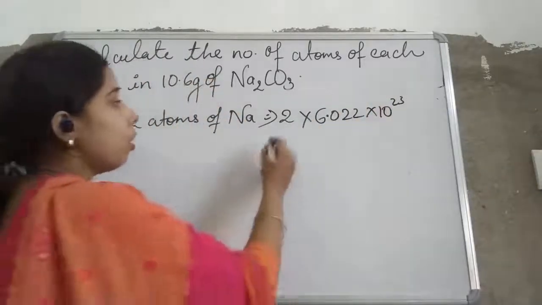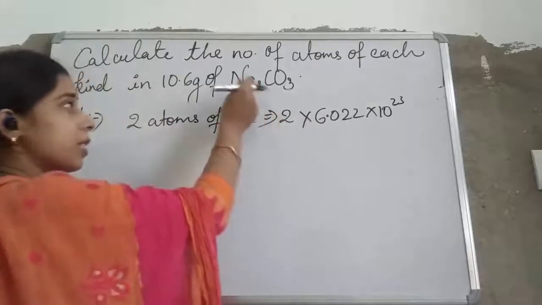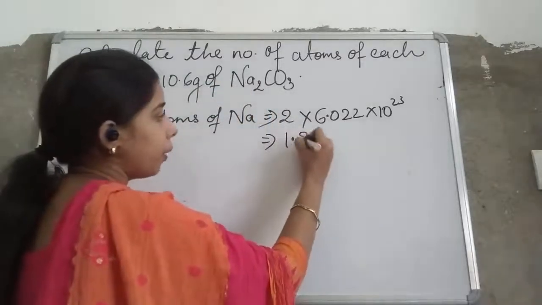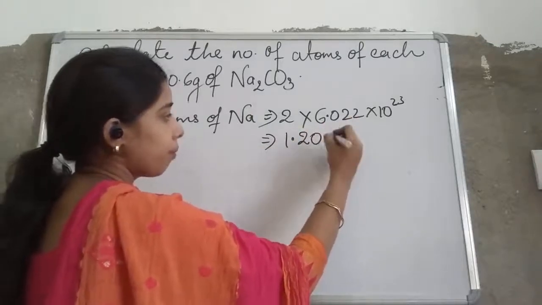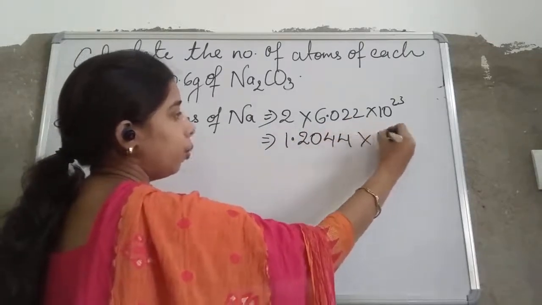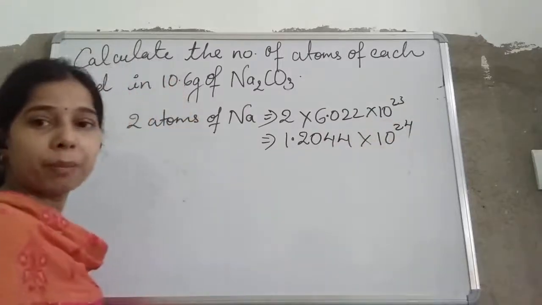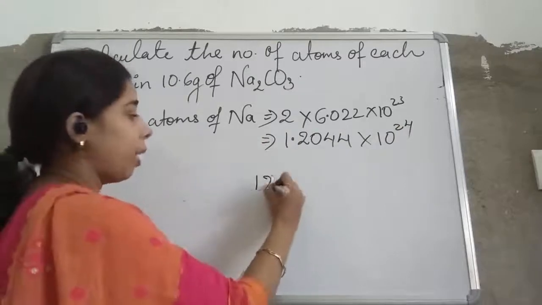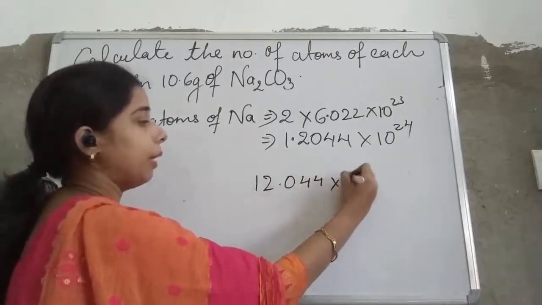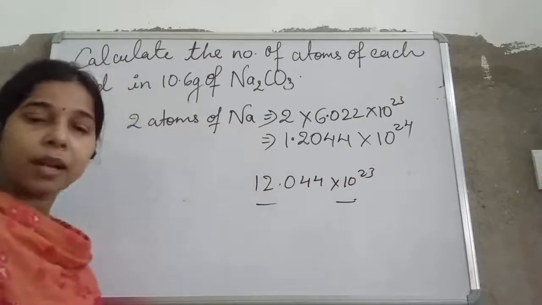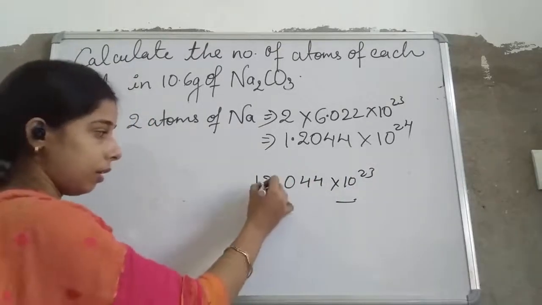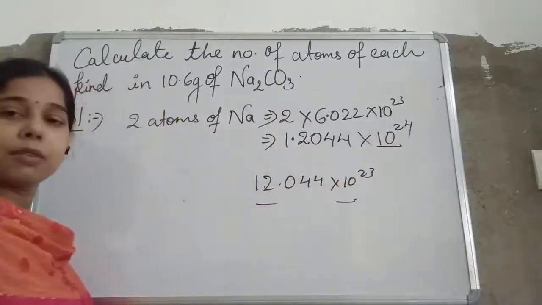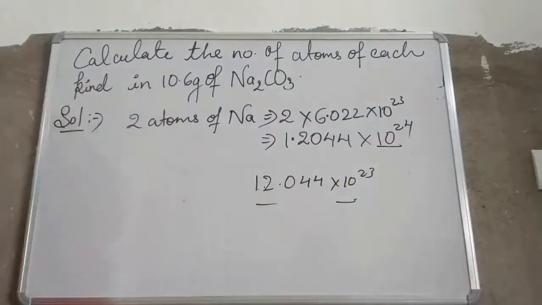You can see the number of atoms attached with sodium is 2, so the answer will be 1.2044 into 10 the power 24. Why 24, students? Because 6 into 2 is 12, so it will be 12.044 into 10 the power 23. If you write like this, that is okay. Since the decimal shifts between 1 and 2, the power increases from 23 to 24.